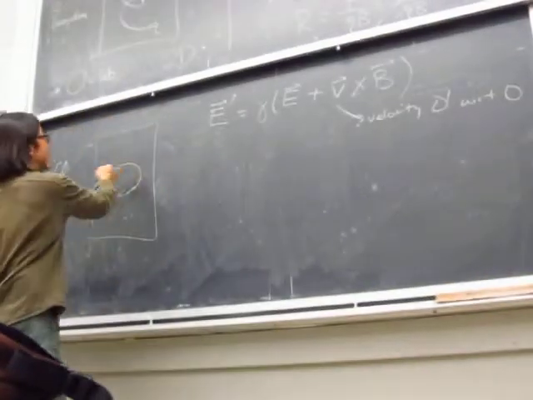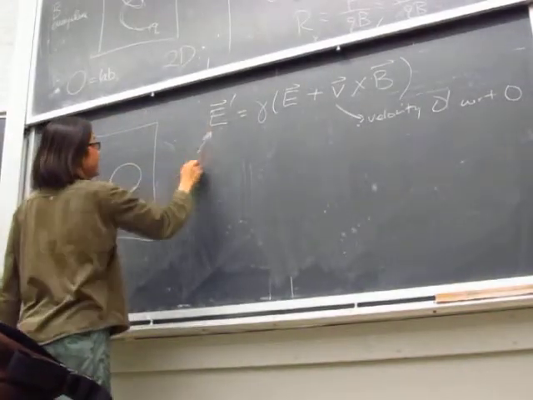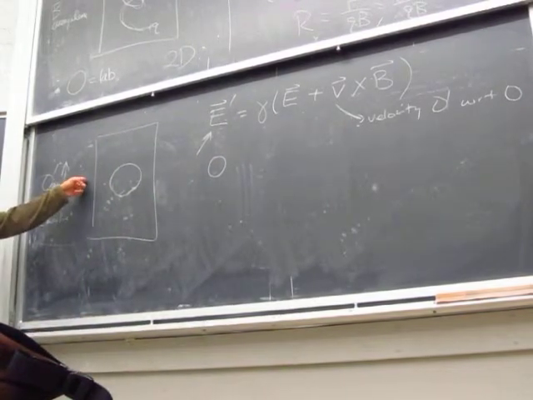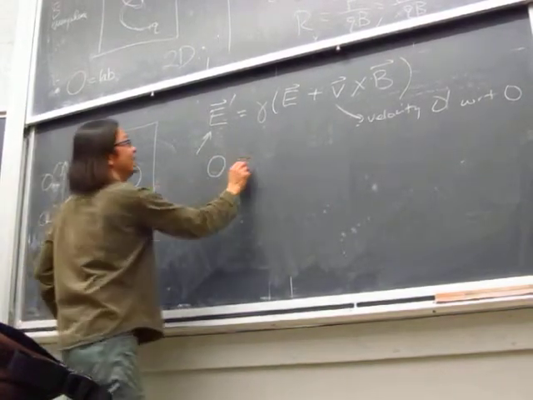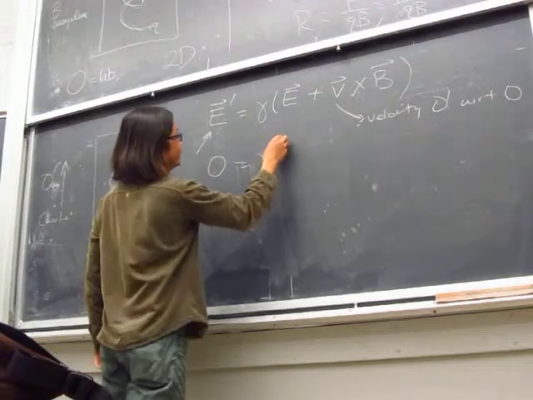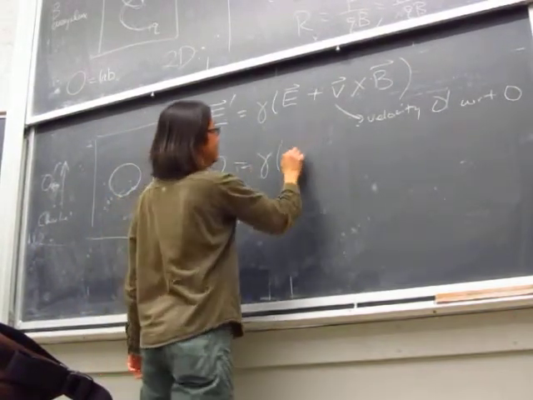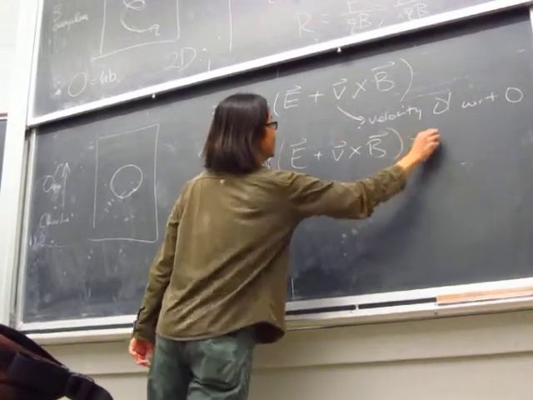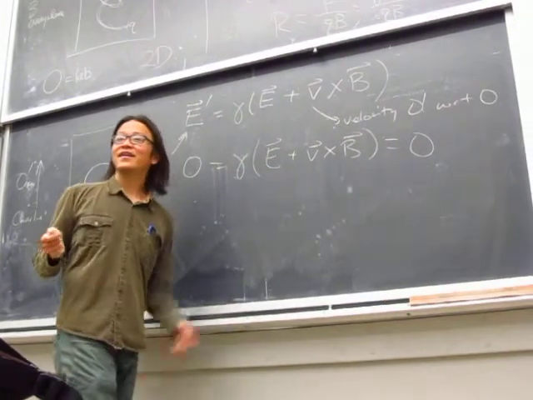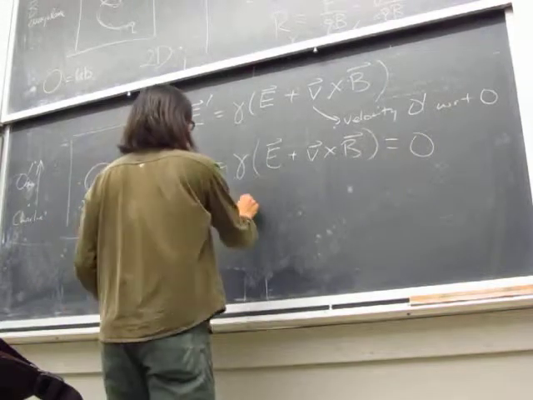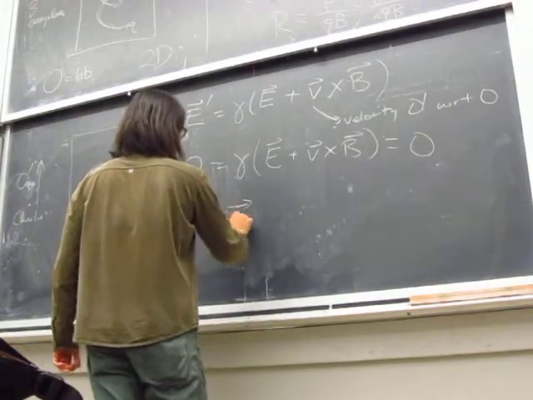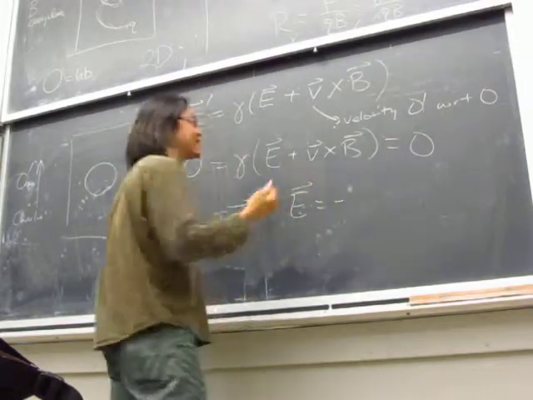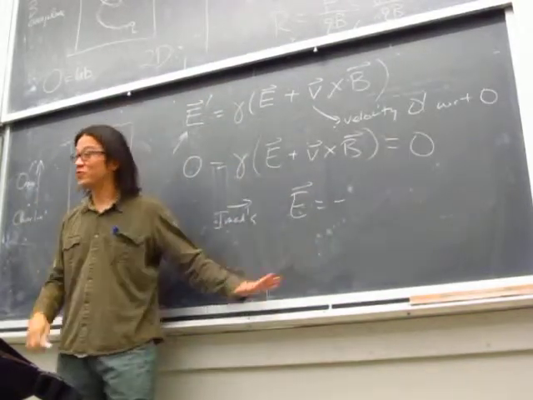So in Charlie's frame, E prime is 0, which is why it's a circular motion. Therefore gamma, well, what does gamma matter? E plus v cross B is 0. So in the O frame, E is equal to minus v cross B. I pretty much solved the problem, except I have to put in the numbers.